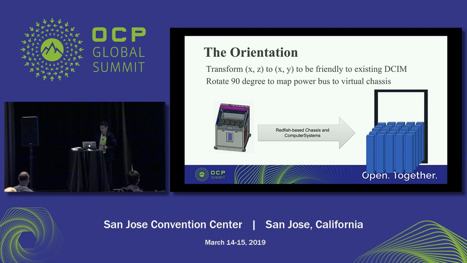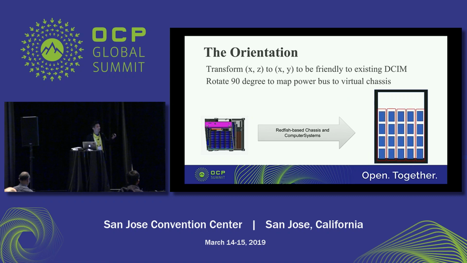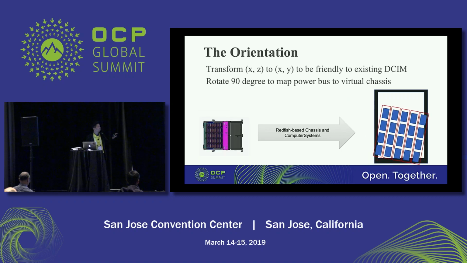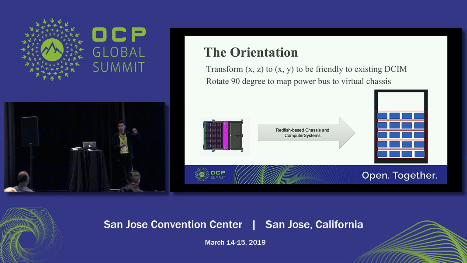So we have to change the perspective and rotate 90 degrees to map the power bus bar to a virtual chassis, like this. The red frame is the power bus bar, and you can imagine it as a chassis, a virtual chassis.